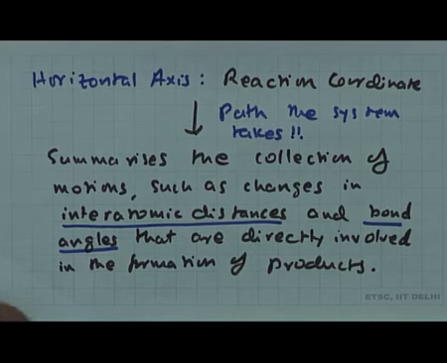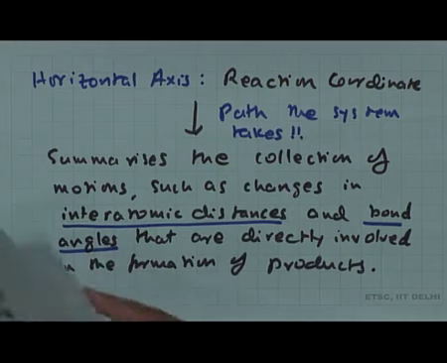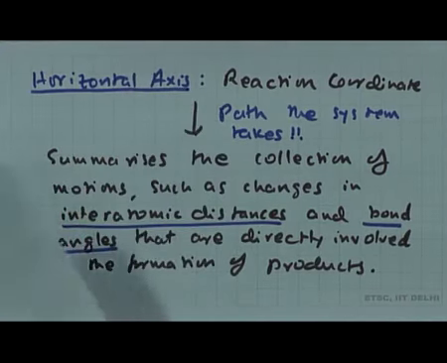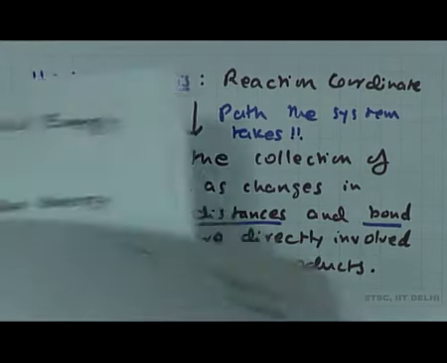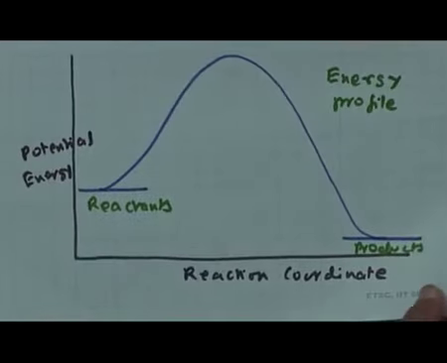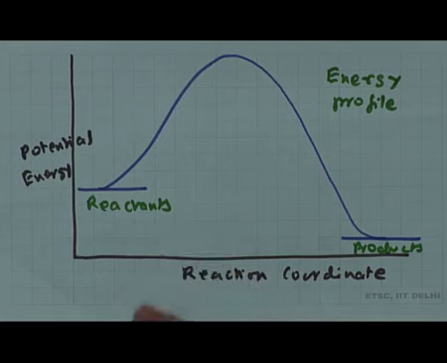So, now then, having looked at both the axes, the horizontal axis which is the reaction coordinate, and the vertical axis which is representing the potential energy, you will be able to now realize what it means.